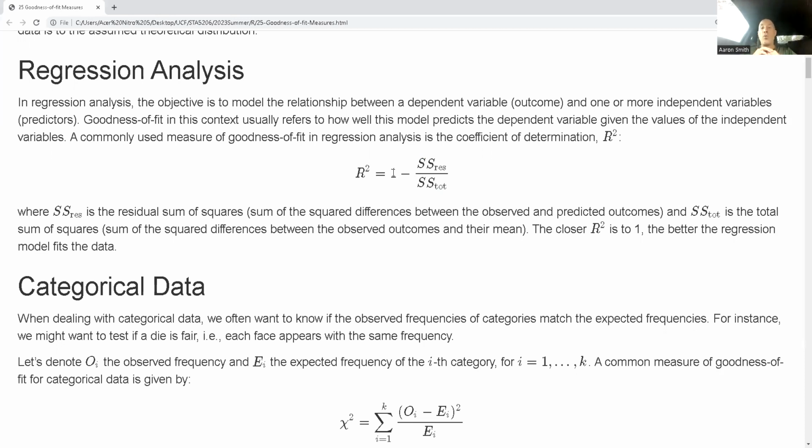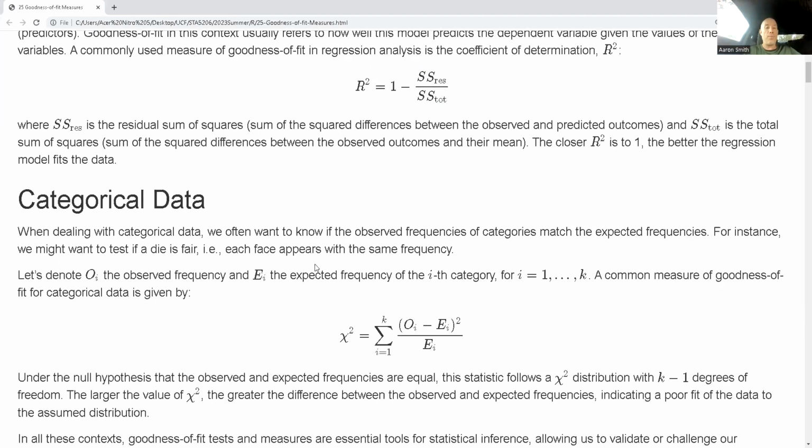If R squared is closer to 1, that's an indication of a better fit. If R squared is closer to 0, that's a weaker fit. Something to be mindful of: if I have overfitting, R squared can look bigger than it should in reality.